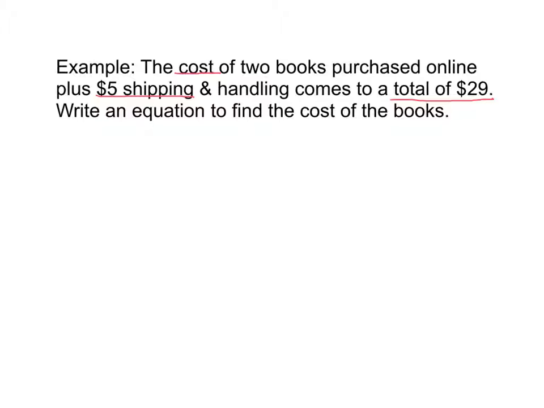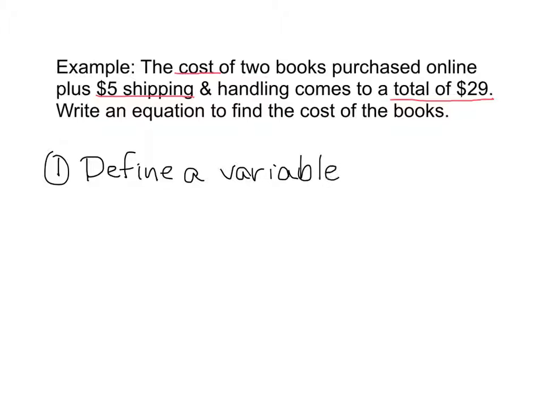Now, the first thing that we're going to do is define a variable. Please write this down. The first thing that we're going to do is to define a variable.